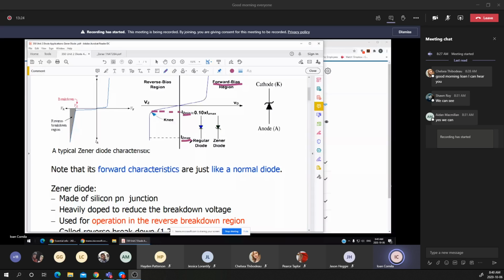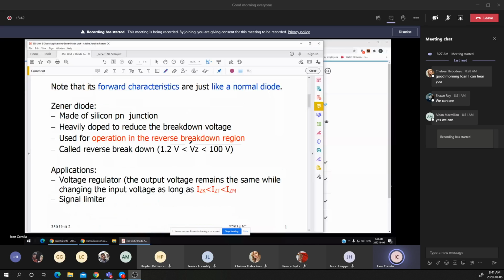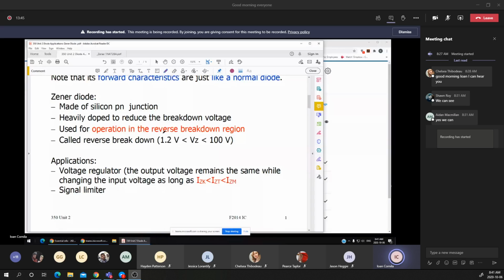It is called a tunnel effect because the reverse bias current increases between the two limits, the minimum and the maximum. I mentioned that it operates in the reverse breakdown region or voltage. The standardized values for Zener diodes are anywhere between 1.2 volts and 100 volts. Roughly, that's what we see most of the time with a Zener diode.